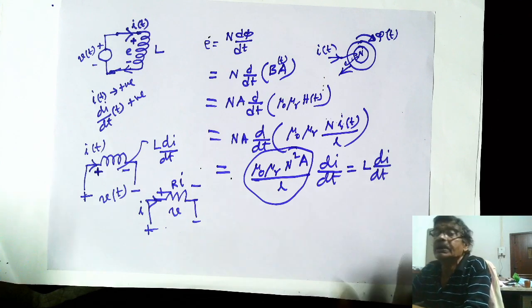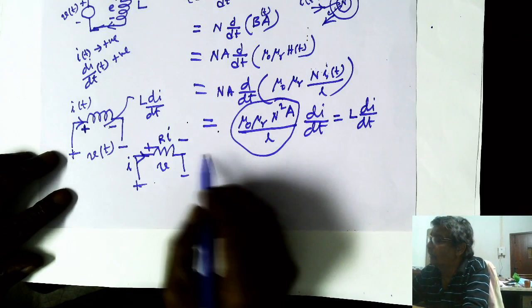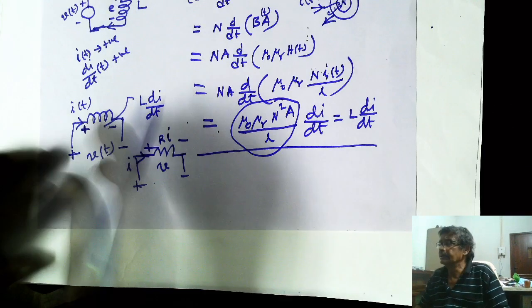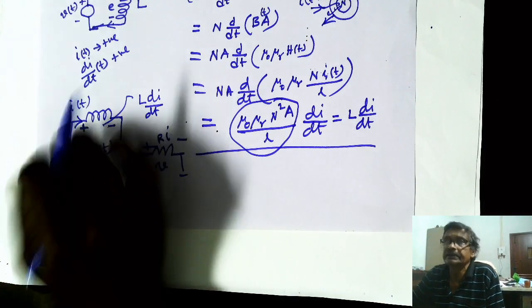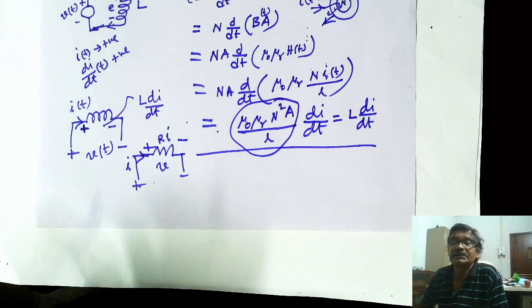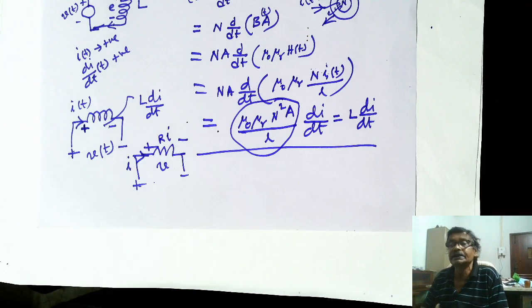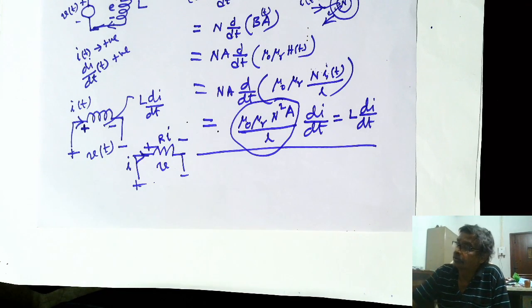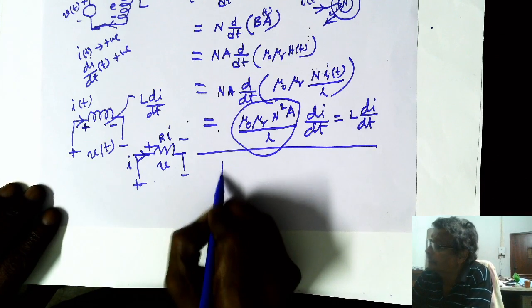That is the voltage current relationship of an inductor. Only one thing I will tell. If you apply some voltage, of course one can apply a current source, so we will discuss that later. But suppose you have applied a voltage here. Now, what is the power delivered by the source?